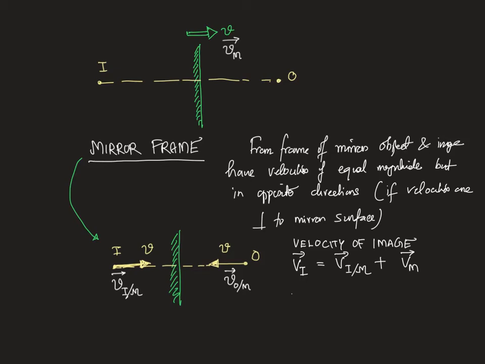Vi with respect to m, and about Vm. Vm is also this way, and that's V. That implies if you add these two vectors, Vi is the sum of two vectors, 2V.